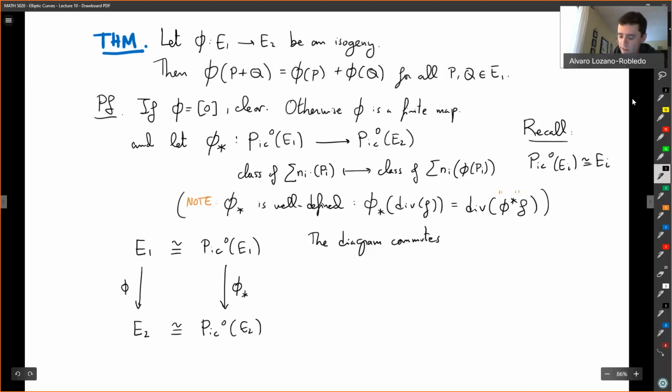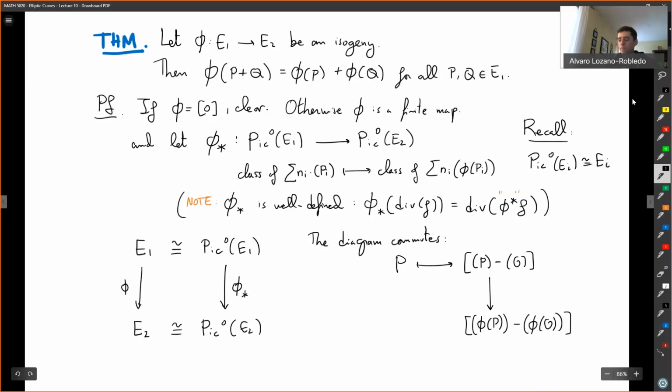It commutes because, remember, P goes to Picard as the class of P minus O. Phi star would send this to the class of phi of P minus the class of phi of O. But phi is an isogeny, so it sends O to O. So this is the class of phi of P minus the class of O. Let's go in the other direction.